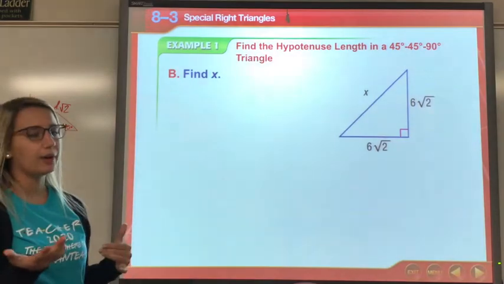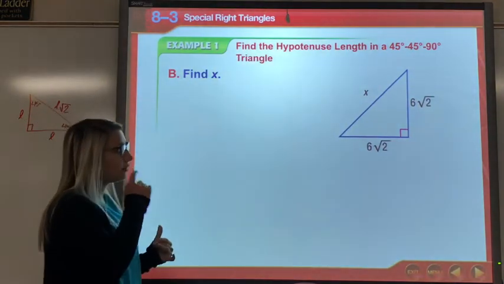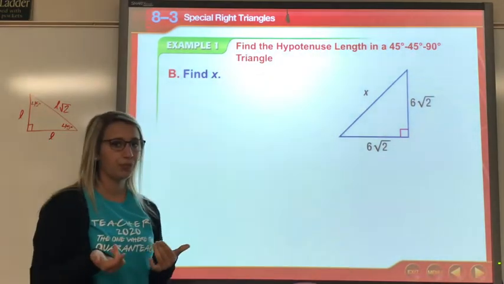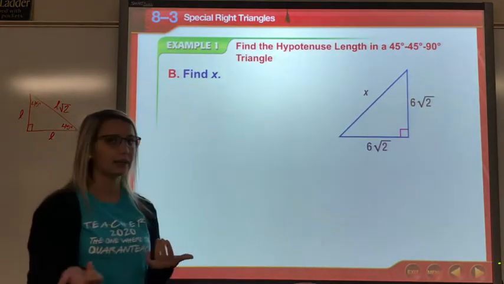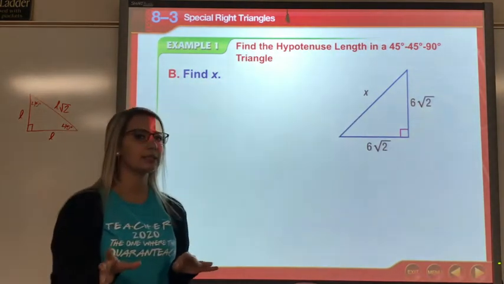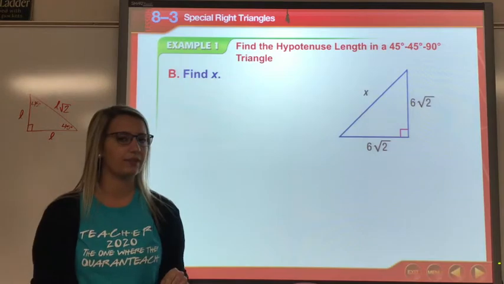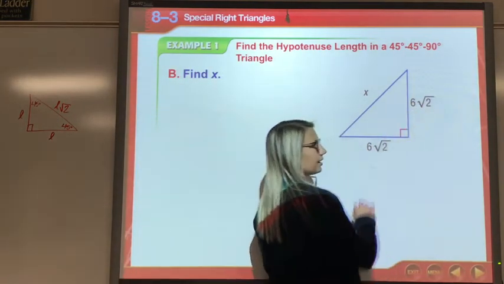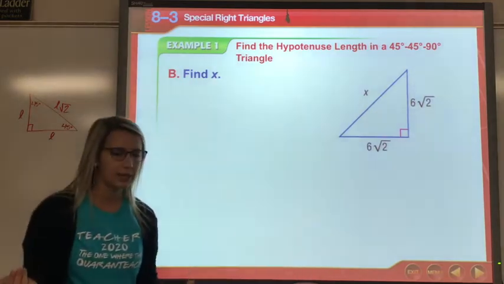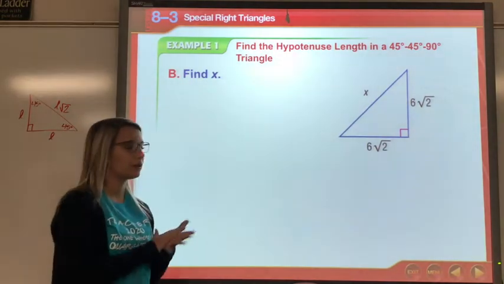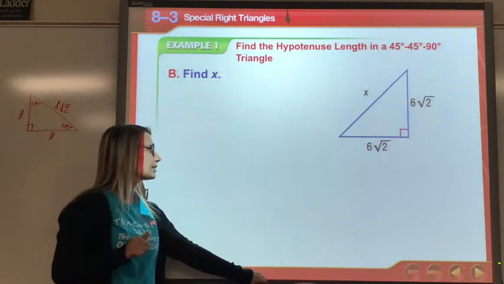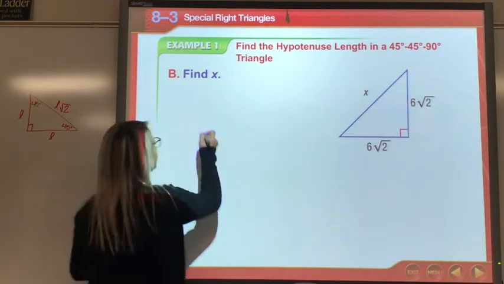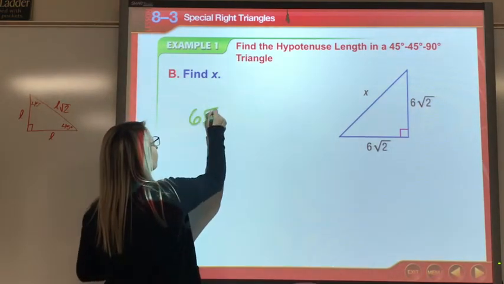Okay, here's another one. So now we have 6 root 2 as our side length. And notice it doesn't tell us that it's a 45, 45, 90 triangle, but both of these sides are equal, so that means that their opposite angles need to be equal, meaning that they're both going to be 45. In this case, we have 6 root 2 as our length.